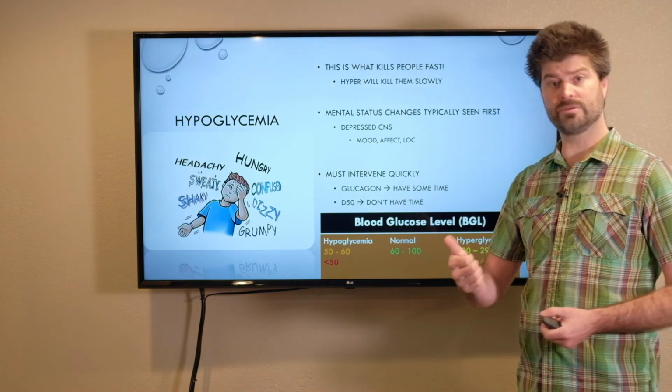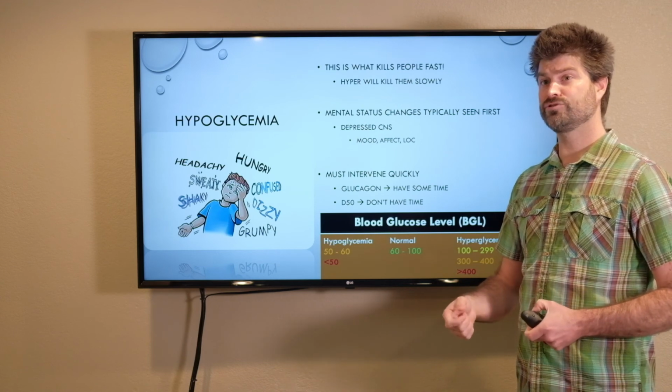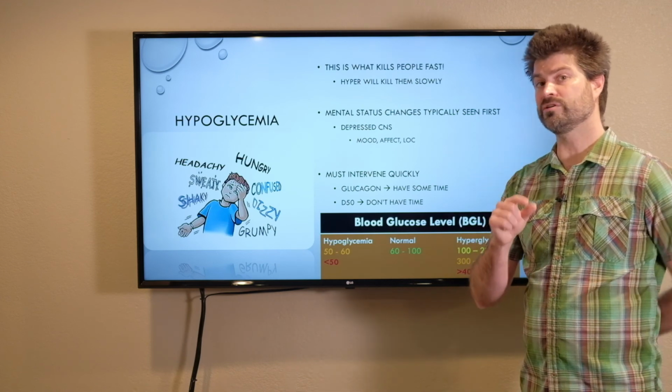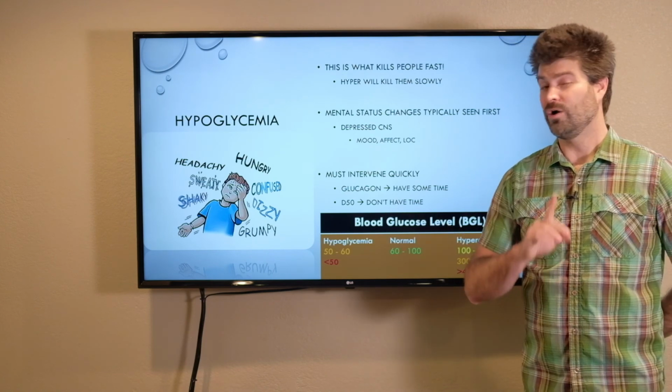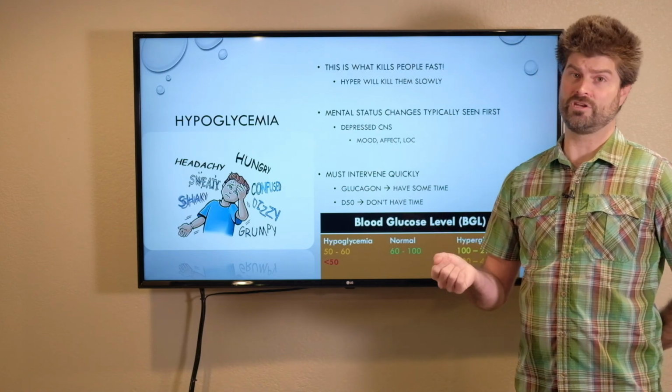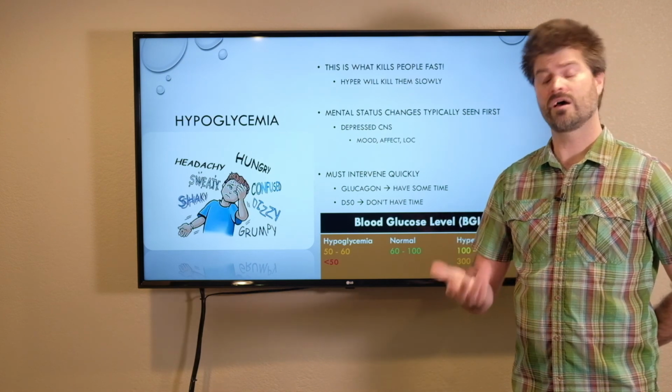Our onset time is going to be very fast because we're injecting this through an IV, but our duration is also going to be very, very short. So usually if you're pushing D50 on a patient, it's not a one and done type intervention. We're usually going to need to do this 2, maybe 3 times.